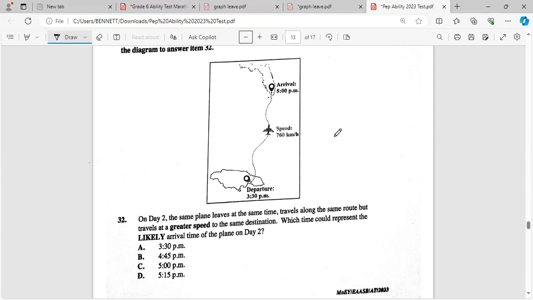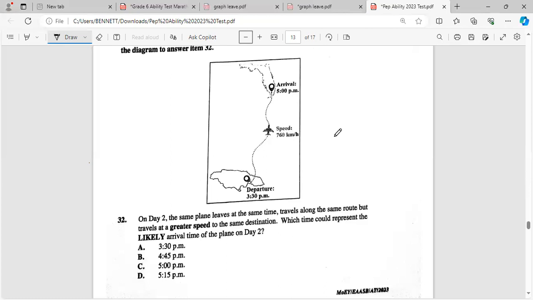Looking at the table, it's traveling 760 kilometers per hour and reached Miami at 5:00 p.m. So I would say 4:45. So it reached 15 minutes earlier. Yeah. Sir?